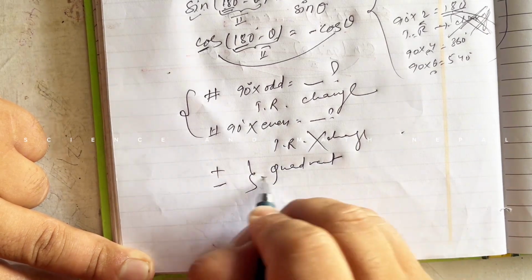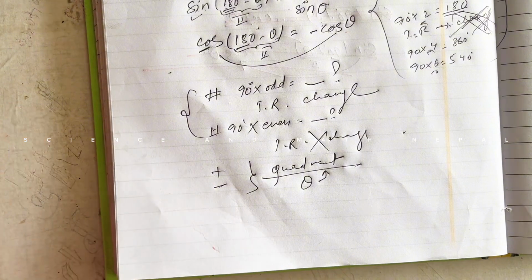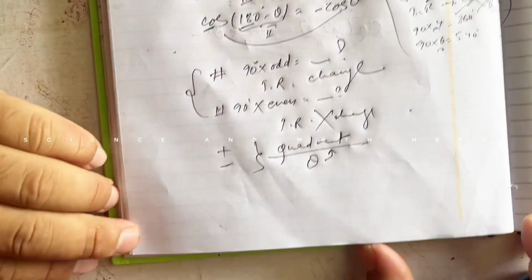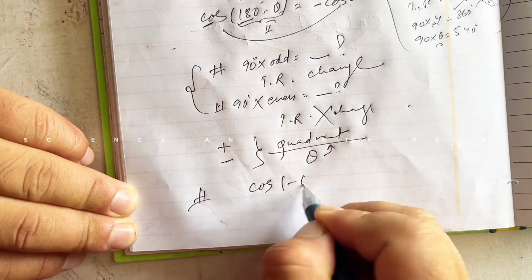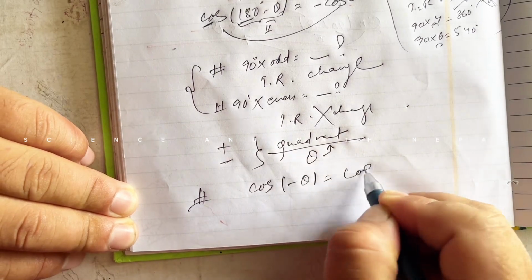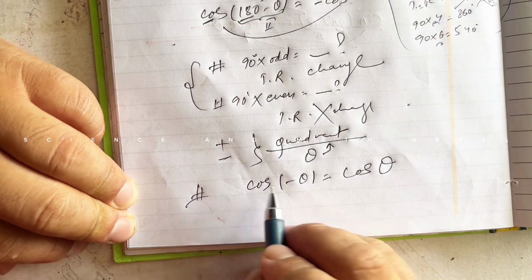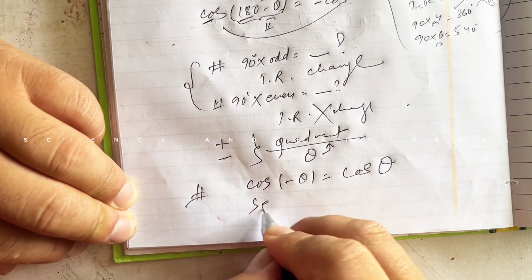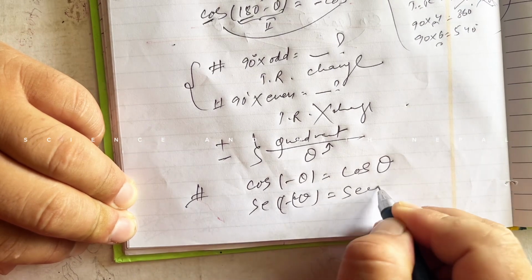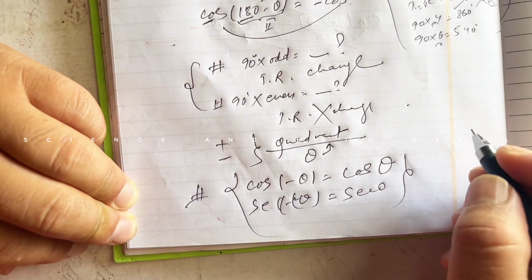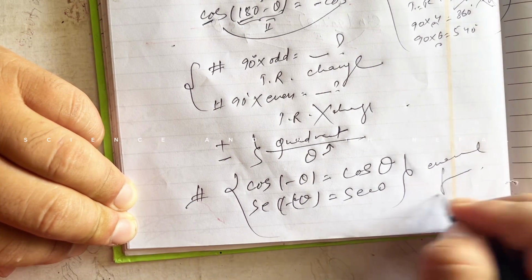We should see whether the angle lies in the respective quadrant or not. And there is one more important thing to remember. For the negative value of the angle, the value of cos will be positive. Cos minus theta will be equal to cos theta, and sec minus theta will also be equal to sec theta. This is for cos and sec only, for cos and sec being the even function.